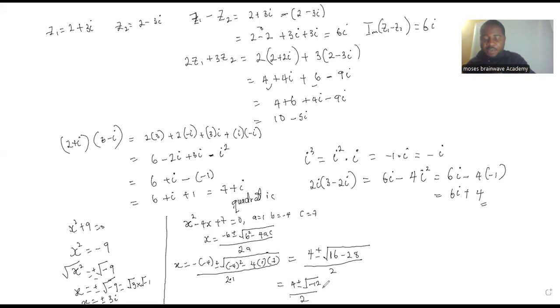We have done this before. This is going to give us 3i, right? Because square root of 12 is the same thing as square root of 4 multiplying square root of 3 multiplying square root of -1. So this is going to give us 4 plus or minus 3i.